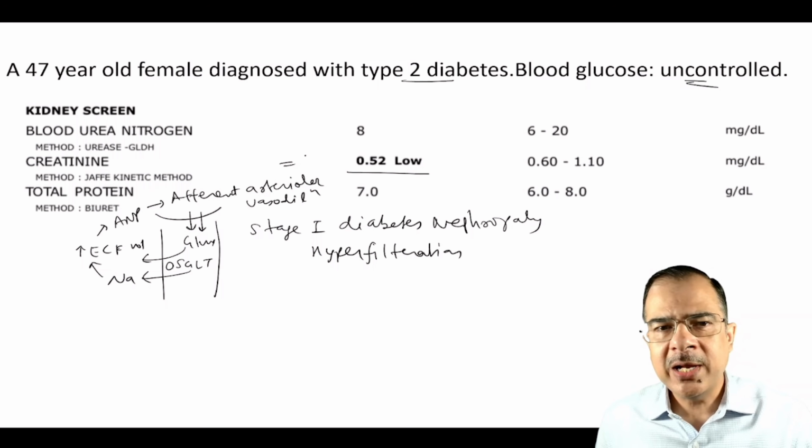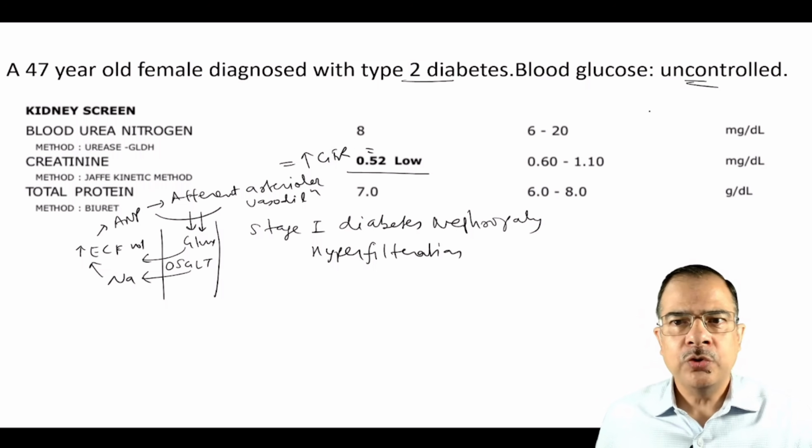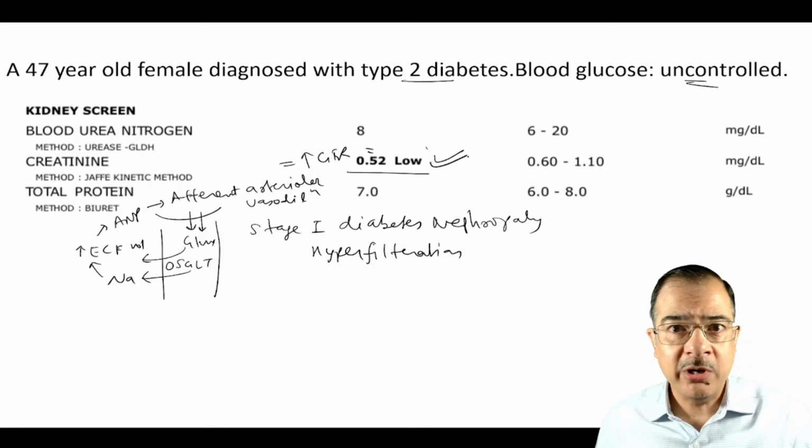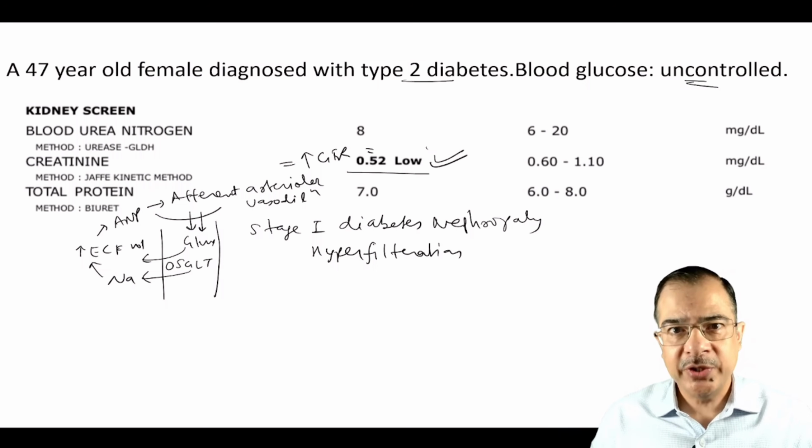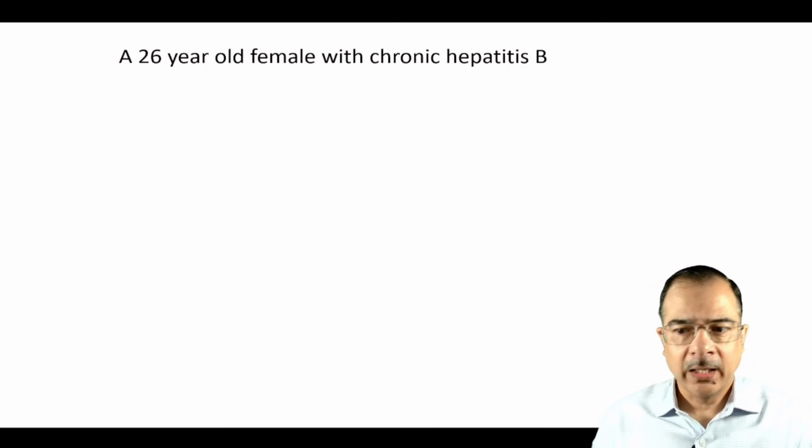So afferent arteriolar vasodilatation means GFR will increase, and if GFR is high, creatinine will be low in the blood. So whenever an uncontrolled diabetes patient comes to you with a low creatinine, do not take it lightly. It can be stage 1 of diabetic nephropathy, the stage of hyperfiltration.